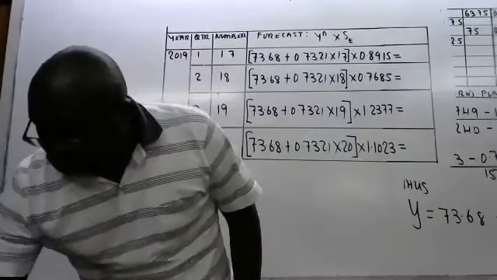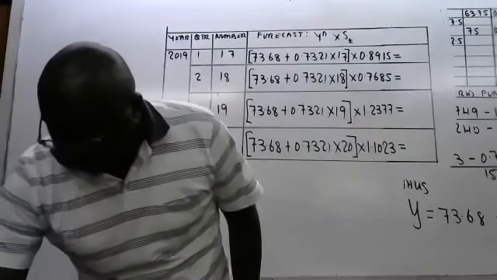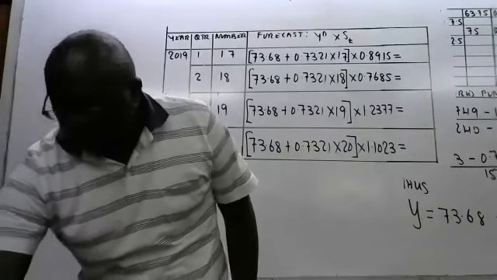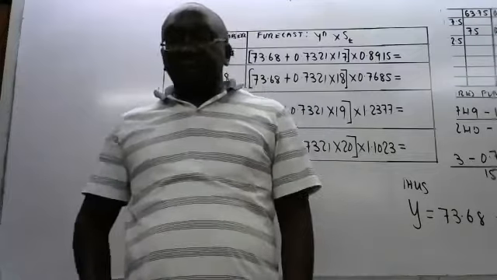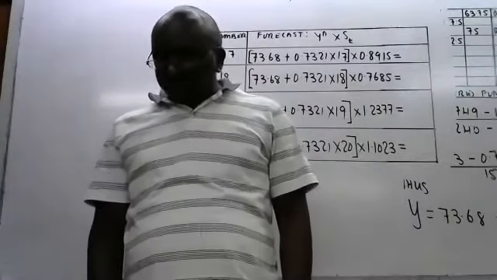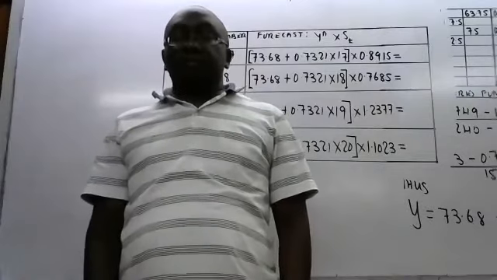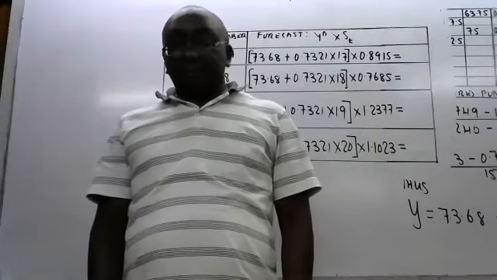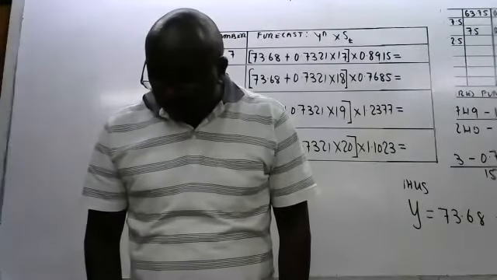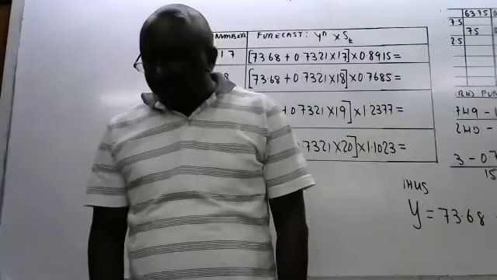On your own, I would like you to handle question 5A. That is, you differentiate between mutually exclusive events, independent events, joint probability, and conditional probabilities.